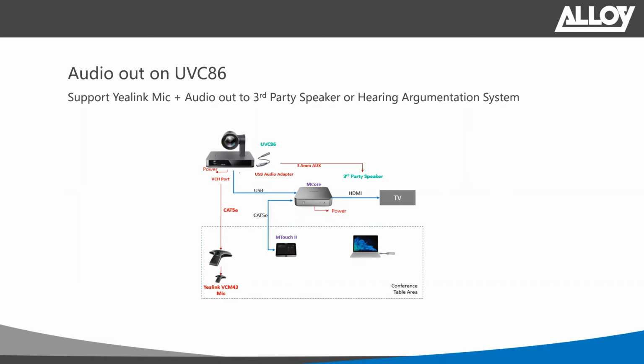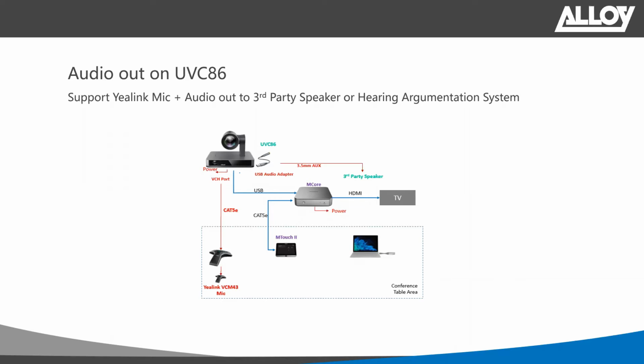Now, the UBC86 doesn't have a dedicated line out option. So what Yealink have done is, with that same USB port that we would use to connect to a DSP, we can also use a USB audio adapter. A USB audio adapter will allow a USB to 3.5mm audio connection to allow us to connect to third-party speakers.